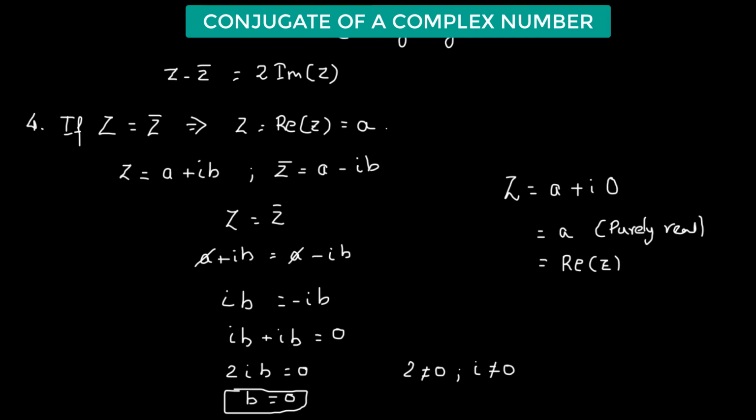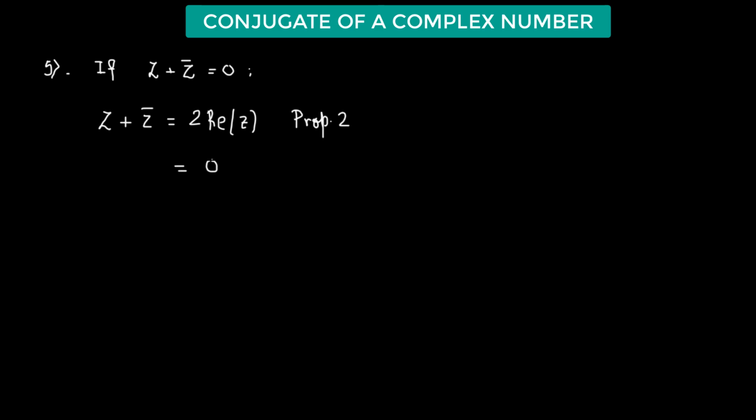Let's talk about property number 5. For property number 5, we check: if Z plus Z bar is equal to 0, then what does it imply? There are two ways to check it out. We have already done property number 2, which was Z plus Z bar is equal to 2 times the real part of Z. Now here it's given that this is equal to 0.